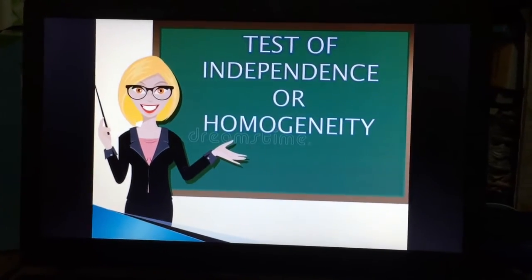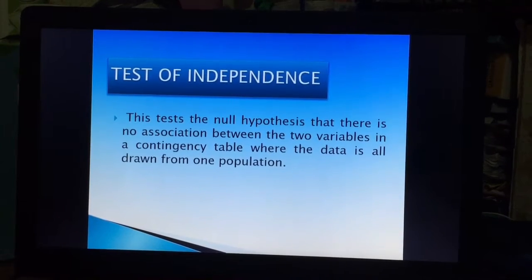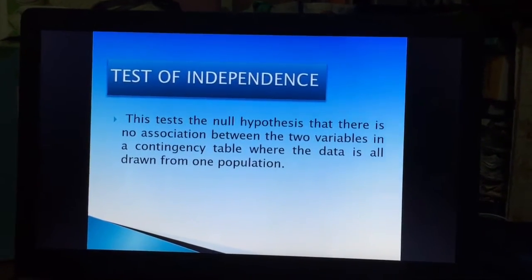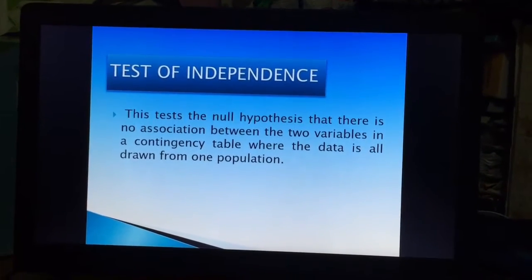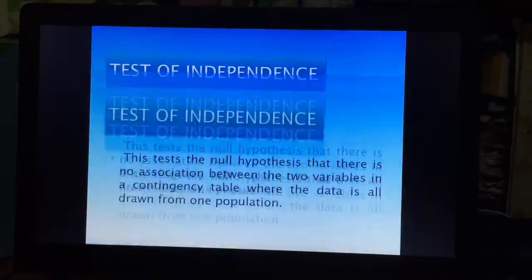Test of independence or homogeneity. For test of independence, this tests the null hypothesis that there is no association between the two variables in a contingency table where the data is all drawn from one population.